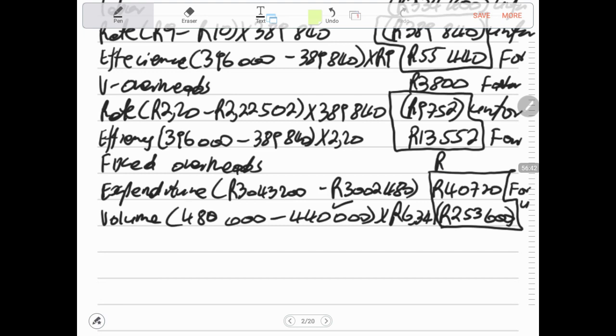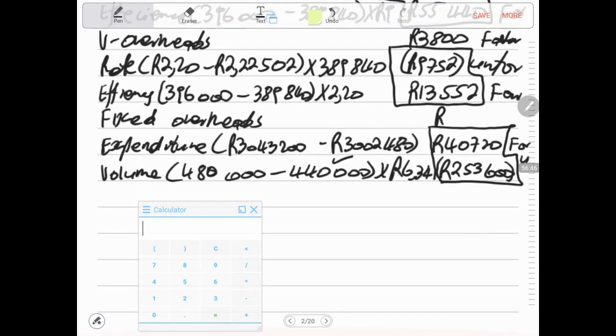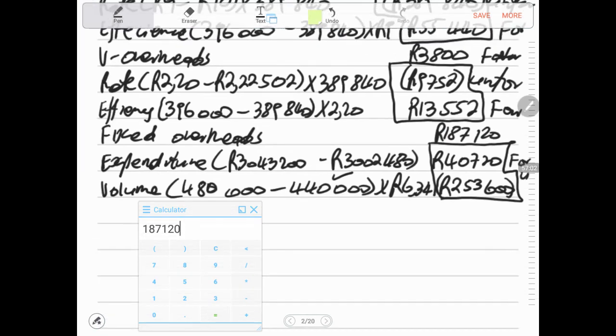Then now we strike the difference of the two variances, which is 440,720 minus 253,600, and that will give us the net as 187,120, and that one is favorable.